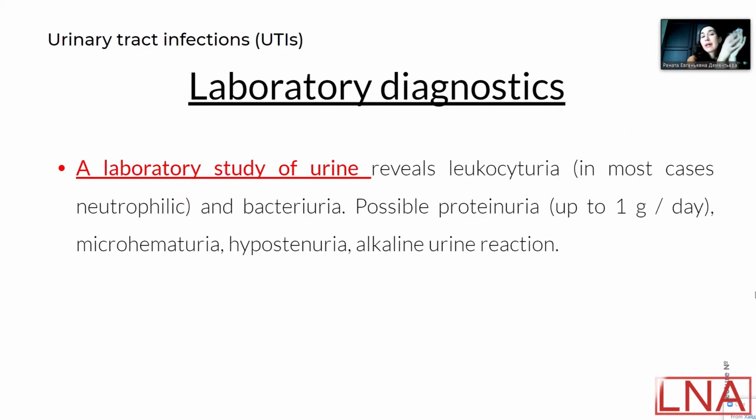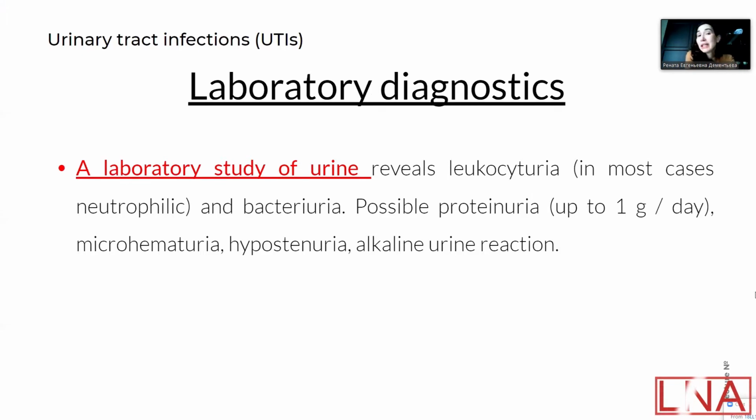A laboratory study of urine reveals leukocyturia, or presence of white blood cells, in women more than 5 in the field of view, in men more than 3.